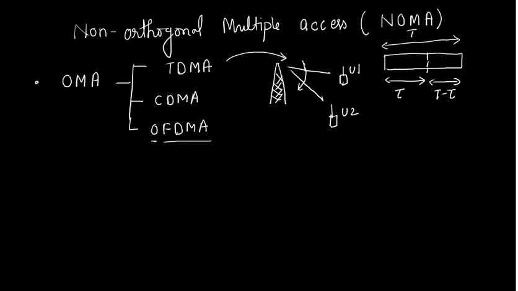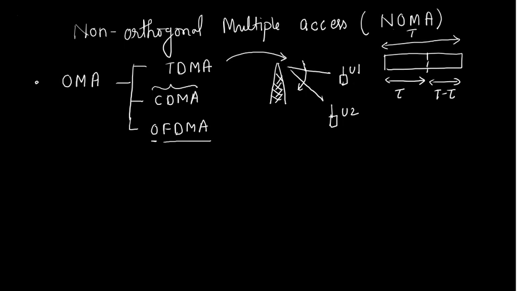What happens in code division multiple access? In code division multiple access, two different codes are assigned to user 1 and user 2. So these two users are different in codes, or you can think of it as a key. Two different keys are allocated to U1 and U2, and their difference is in code.